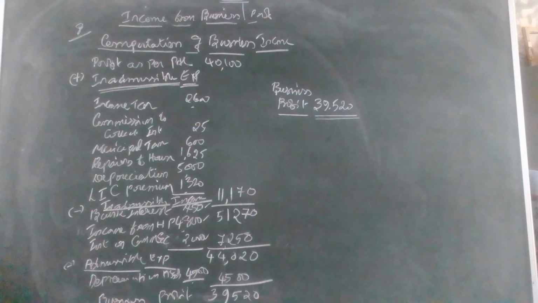Simple point: if it is primarily meant for your business, then it is supposed to be the admissible one. If it is wrongly treated as admissible, debited in the P&L account, then we have to rectify it. Normally, if it is meant for the business, then we have to take it. Then salaries, rent, commission on sale, these three things are admissible. No need to give the effect for this.